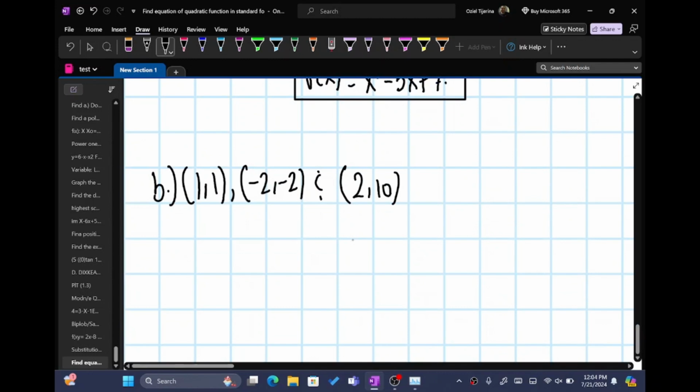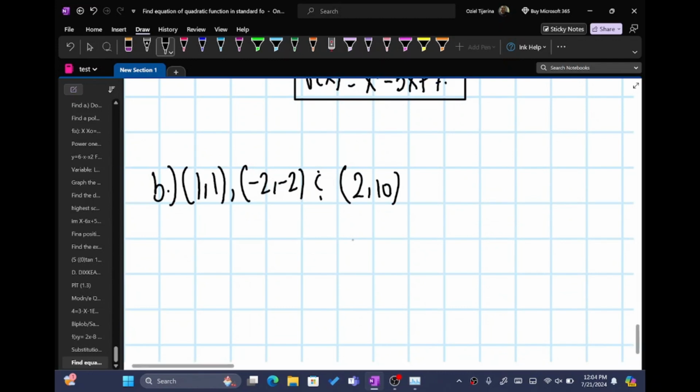So notice that in this problem we don't really have any y-intercepts. So, like I said, you're going to have to do a little more work to find a, b, and c. But it's using systems of equations.